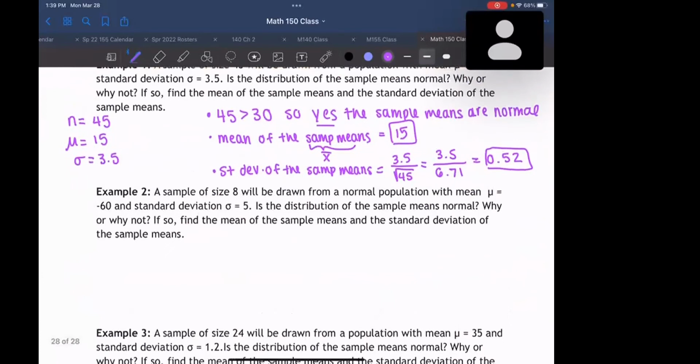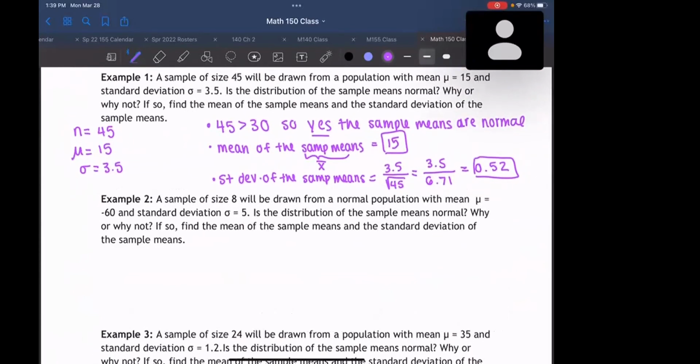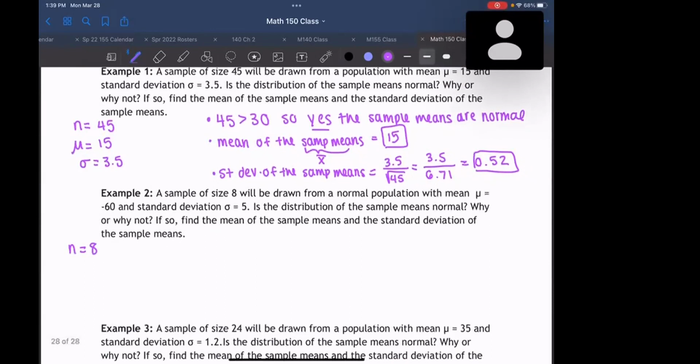Okay. Example 2, we have a sample of size 8. Well, n is 8, right? And this is drawn from a normal population with mean -60 and standard deviation 5. Okay. Who thinks the distribution of sample means is normal here? Why do you think so? Good, good. So here, well, 8 isn't bigger than 30, right?